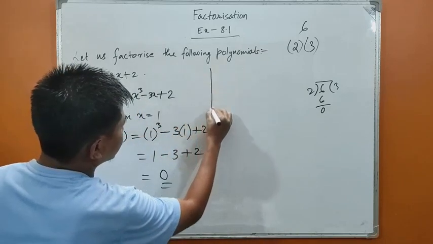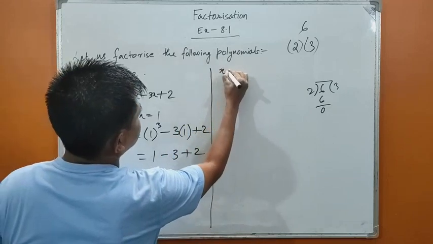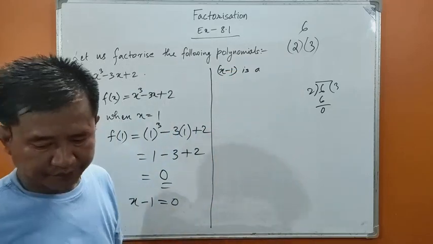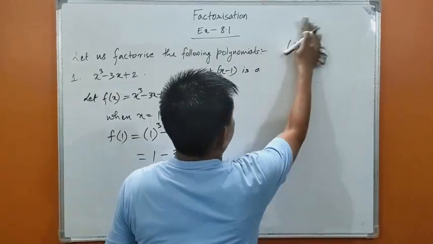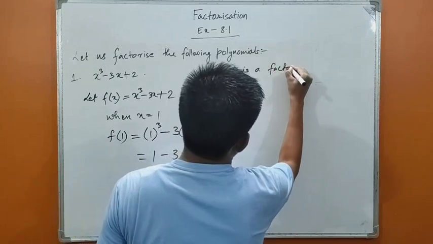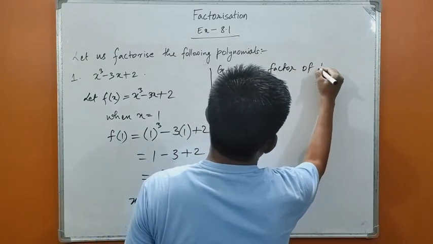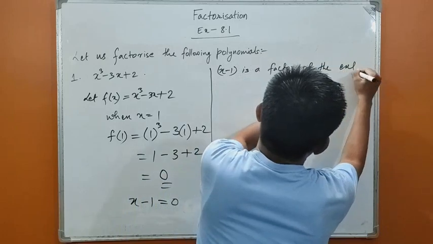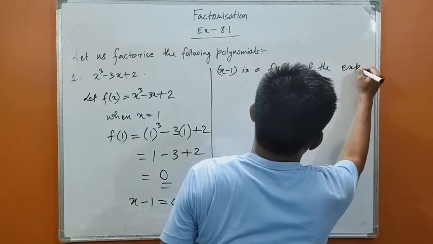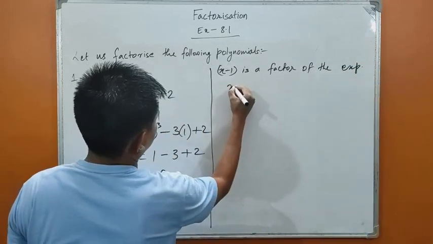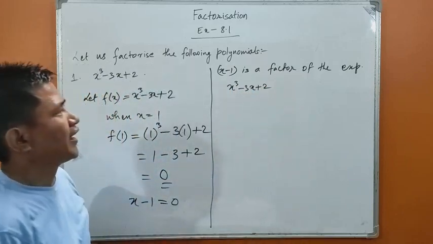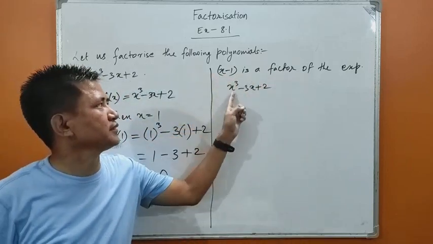Therefore you can write x minus 1 is a factor of the expression x cubed minus 3x plus 2, isn't it? X minus 1 is a factor of this expression.